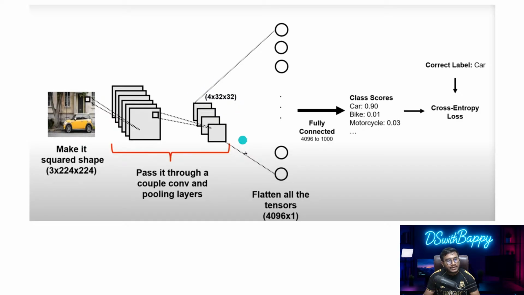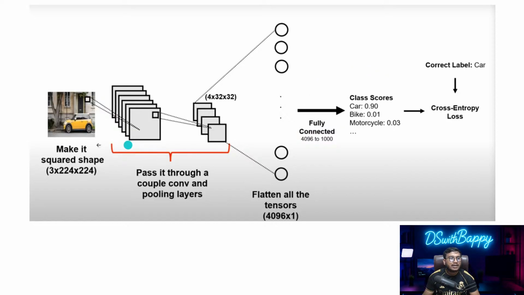After getting the feature map, you do the flattening operation, and after that you use something called a fully connected neural network. Assume this is the fully connected neural network we're using, with that many neurons inside. What is the work of the fully connected neural network?